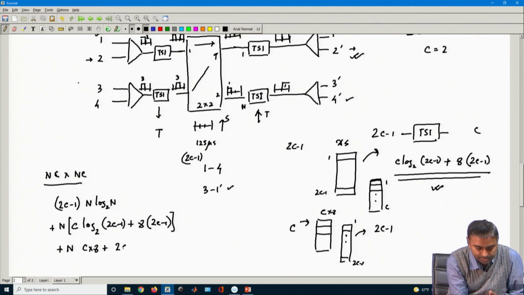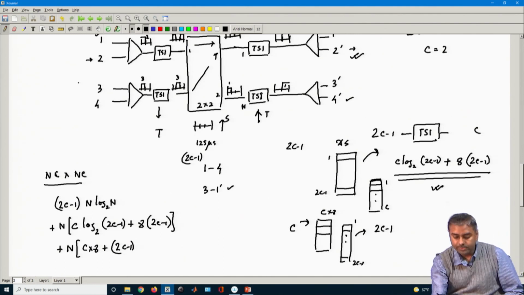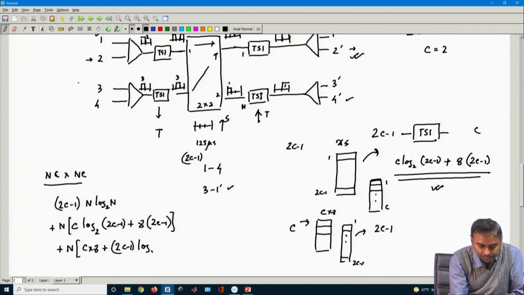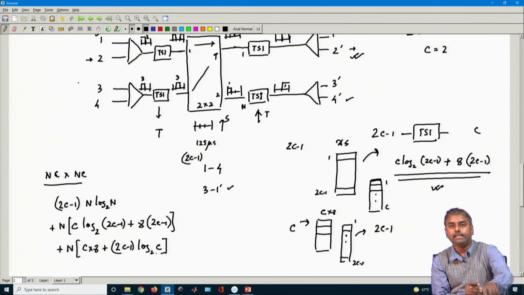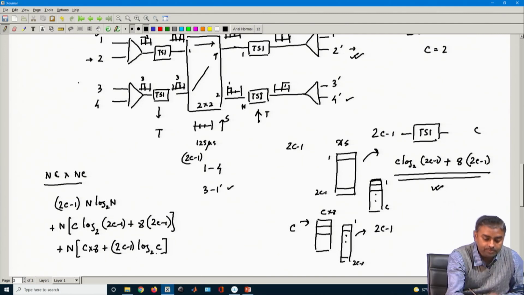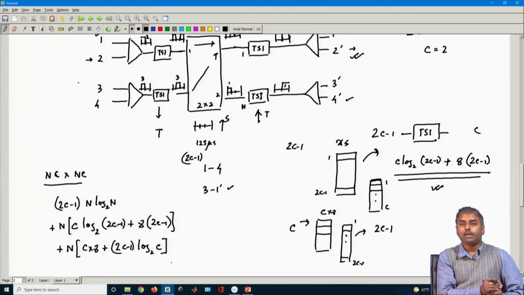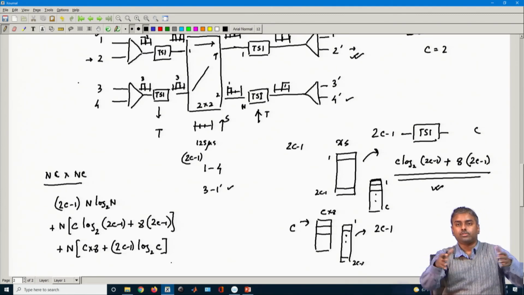Each one of them needs to specify which location it is, and there are only C locations. So, log C, and n such, because there are n TSIs. So, this will be the overall memory requirement of this kind of complex switch.